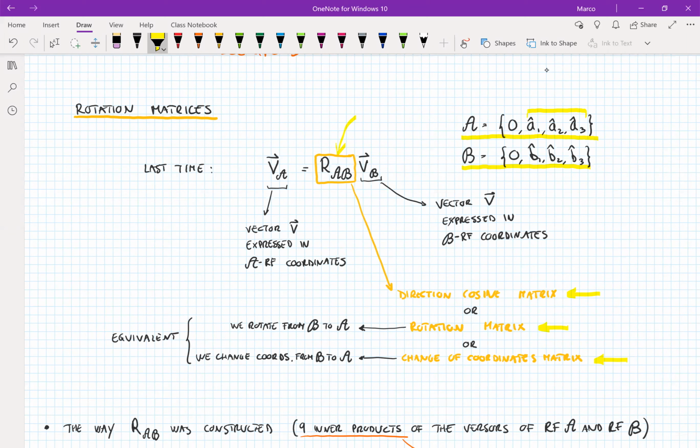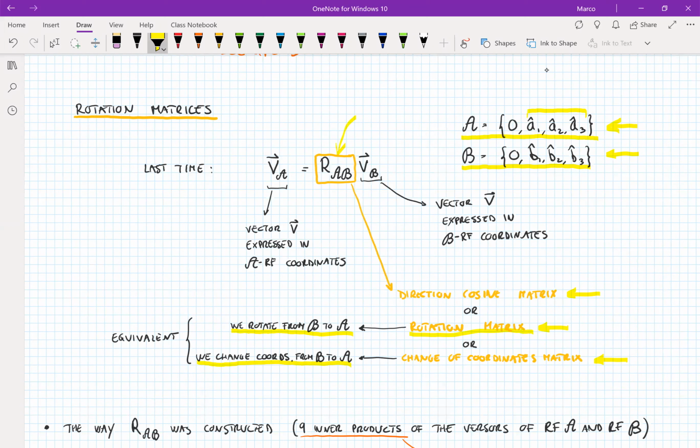In fact, you can think about this whole process as either a change of coordinates between B and A or a rotation from B to A. So by applying this mapping, this rotation given by this matrix, you can think about taking the versors of reference frame B and aligning them with the versors of reference frame A. So that is the concept of rotation matrix.